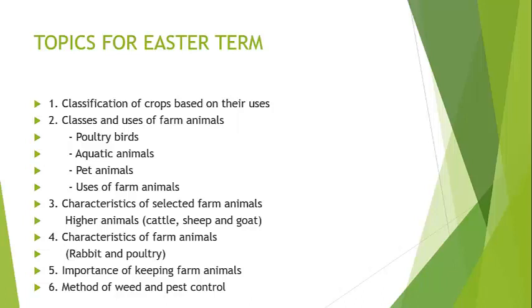All these animals can be classified into two major parts. One, mammals, and two, non-mammals. Mammals are animals that have mammary glands. Usually they have hair and give birth to their young ones alive.